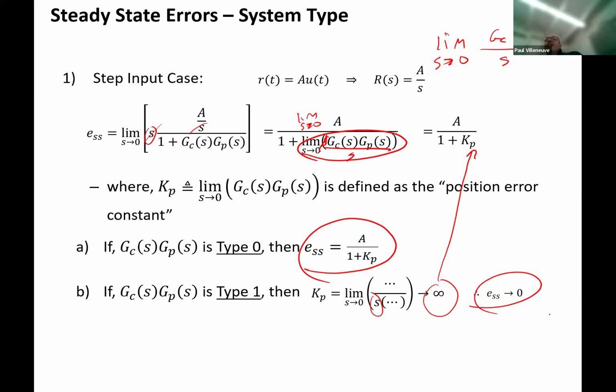So if I hit a system with a unit step input, I darn well better have at least one integrator in my system, or else I'm going to have to tolerate some amount of error. If I have one integrator, then I will have no error in my system. How about 2 integrators?